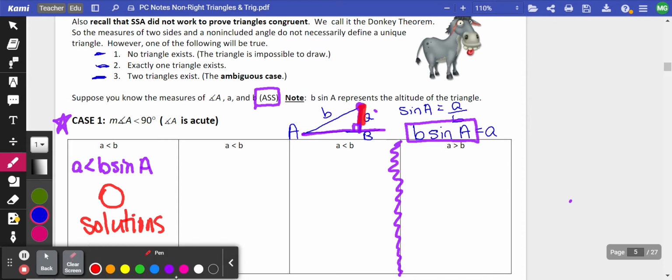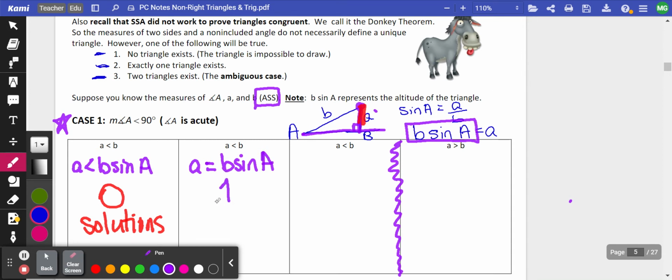Okay. The second scenario is, again, angle A is acute, and the side a compared to b sin A. If the side a is equal to b sin A, well, that's this scenario right here that I drew first.